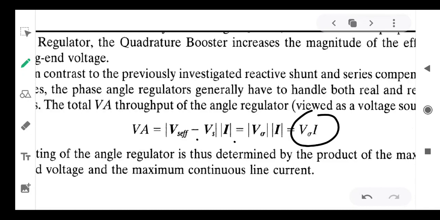You can inject the V sigma such that the voltage magnitude may not change, but the angle delta plus or minus sigma will change.